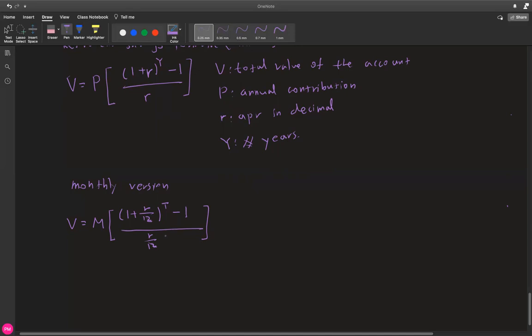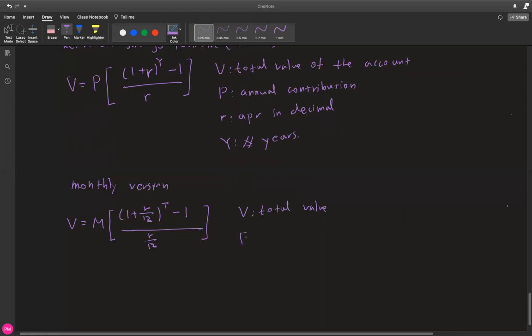In real life scenarios, this is more likely because most people just use a 401k or just save a little bit from each of their paychecks. So here, simply V is the total value of the account.